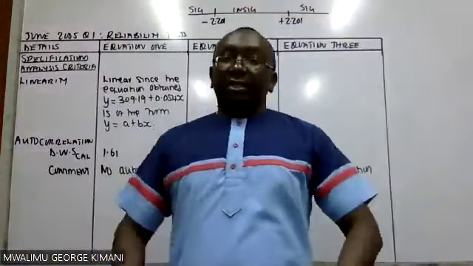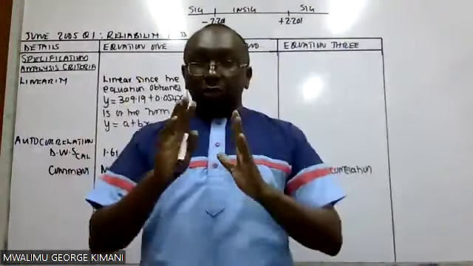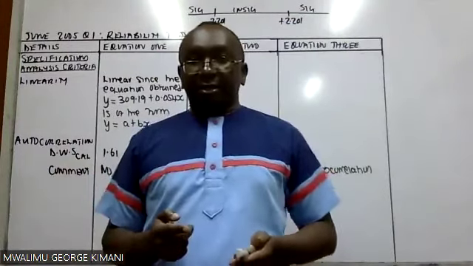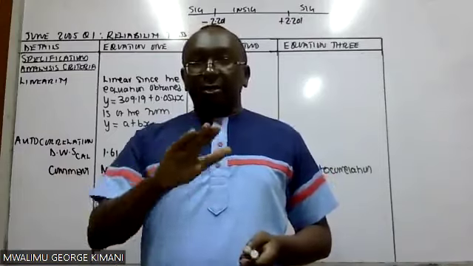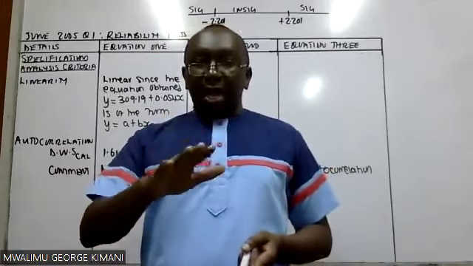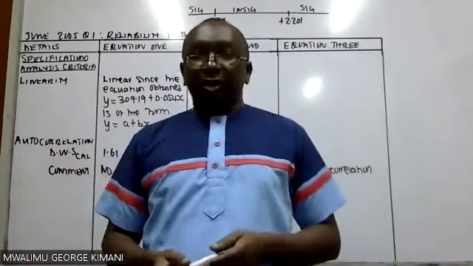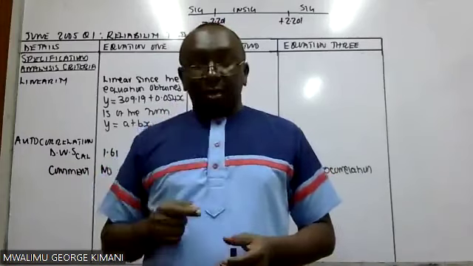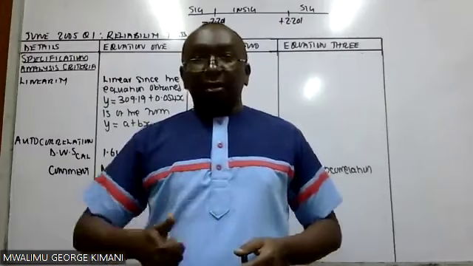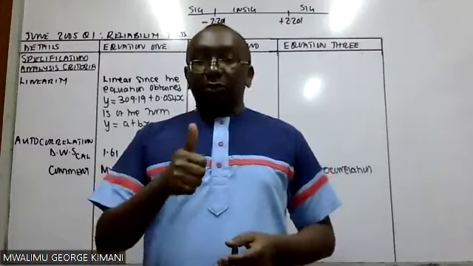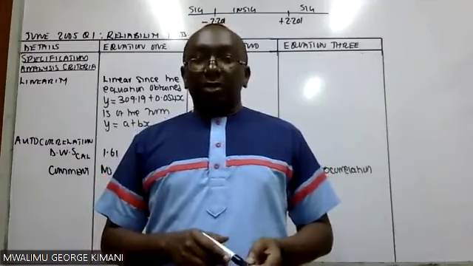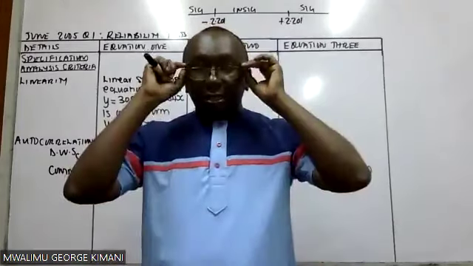When I give you these assignments, you should be doing them and you submit for marking. Because you're far away, you scan, then you send to me via email or WhatsApp. I will mark, then I will get back to you. If you are not able to do that and you still need to see the solutions, then you can buy my revision kit.